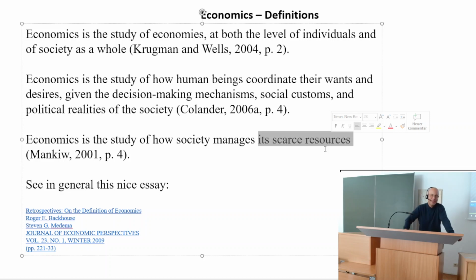but there are some resource constraints. Or this is taken out from some essay where Mr. Beckhaus and Medina just collected many definitions. So you can click on this here and then you find even more.